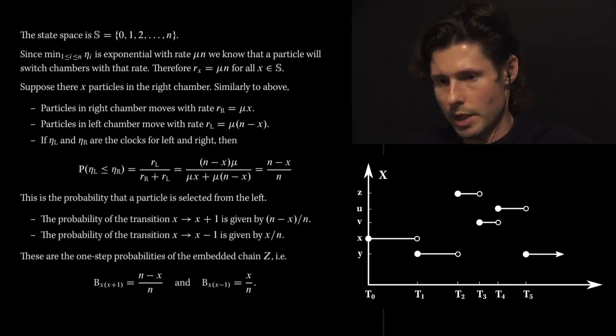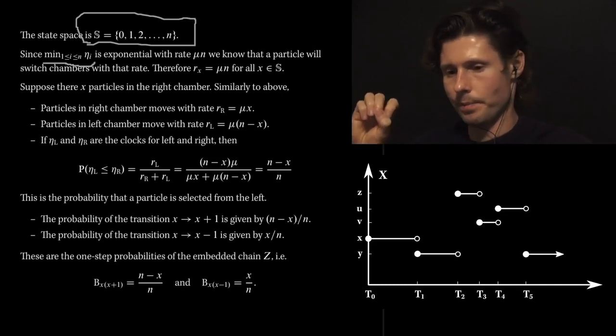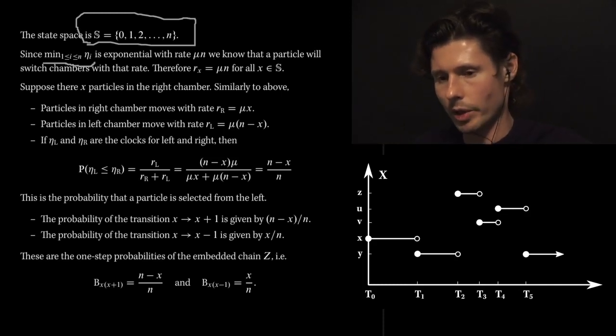So the state space must stay the same, of course. The fact that time is continuous is not going to change the fact that the number of oxygen particles is discrete. And the first thing to look at is the winner of all of these clocks. We have n particles, each one has a clock. We're going to look at the very first one, the particle that fires first, the particle that wants to switch chambers first. We've already seen this calculation.